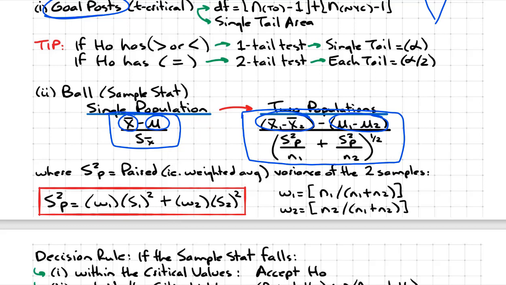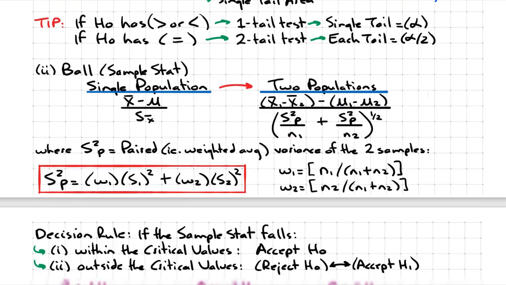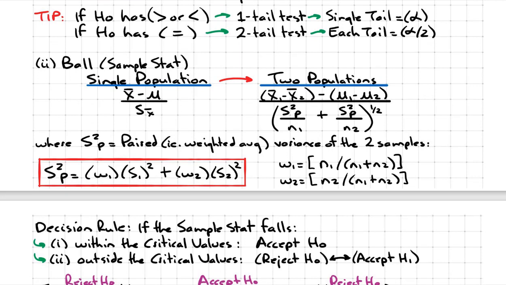Now, what's the other modification? Let's look at the denominator. When you have a single population, I'm just interested in the standard error of the sample mean of that single population. But when you have two populations, here's what we need to do. First of all, remember that one of the assumptions here was that the variances of the two populations were equal.